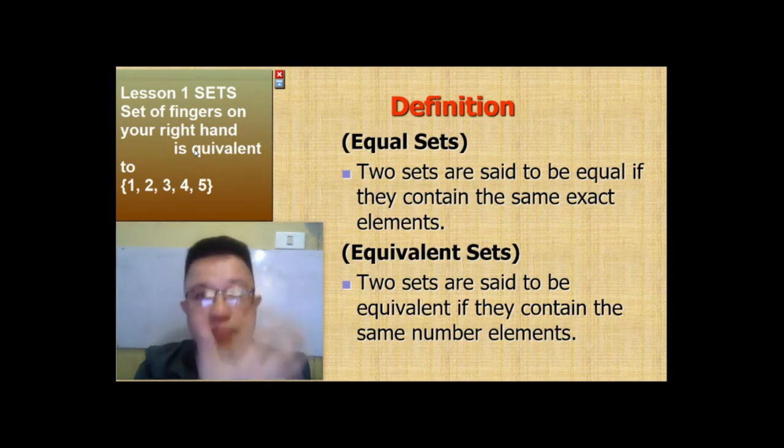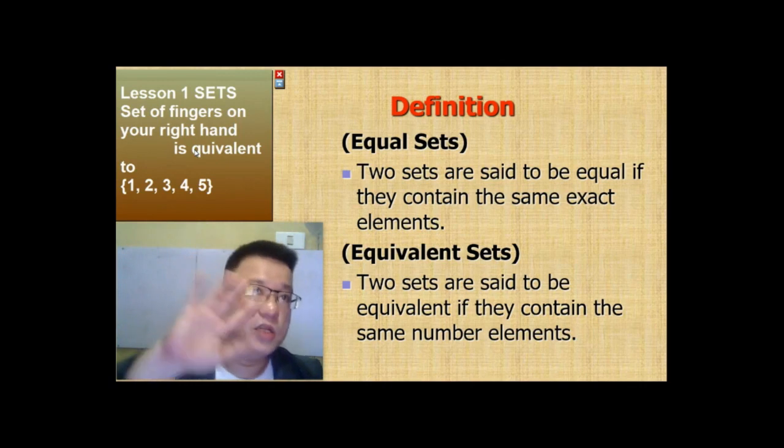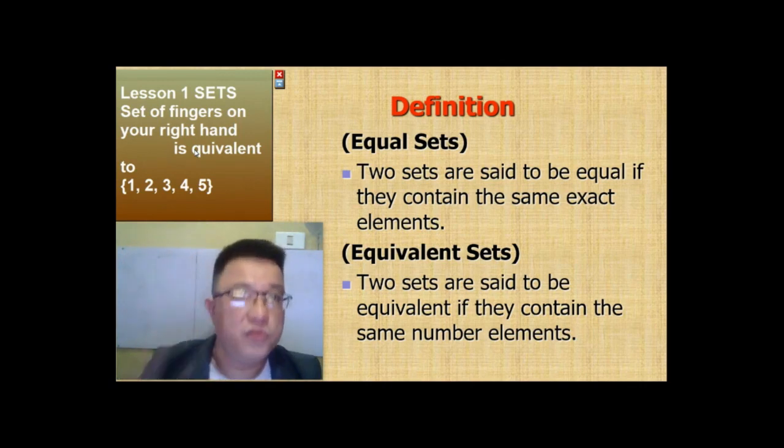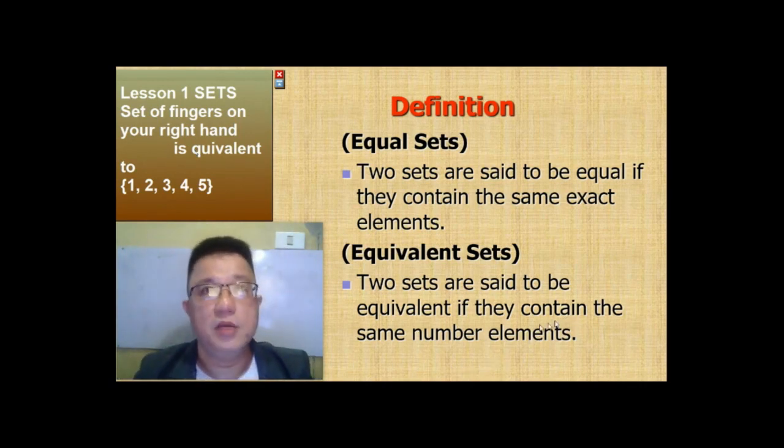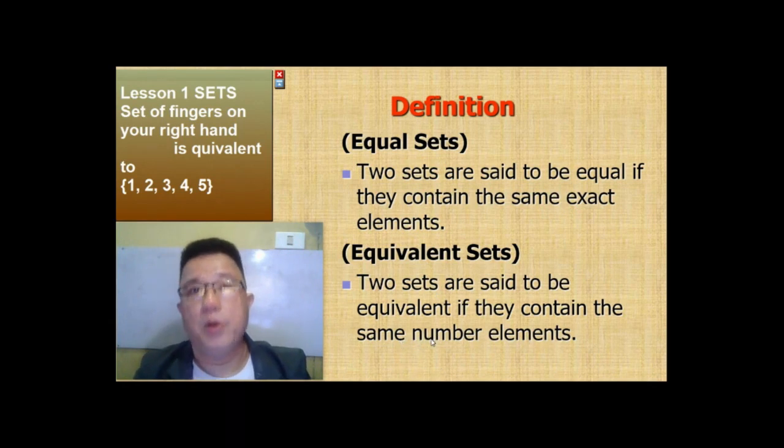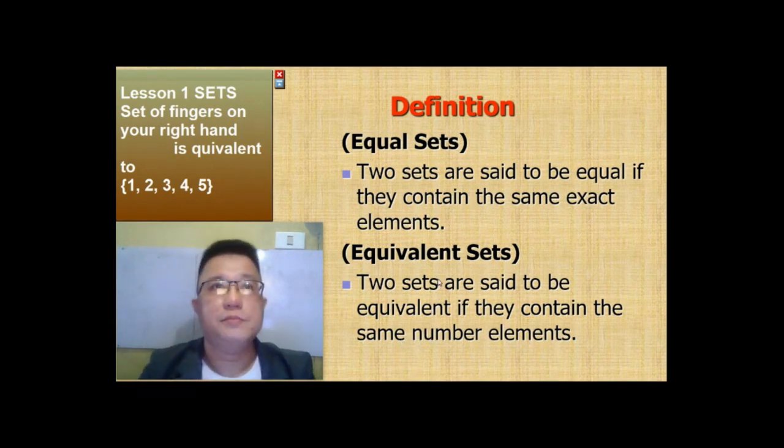They have the same number of elements. Therefore, they are equivalent sets. The counting numbers from 1 to 5 and the fingers in your right hand are equivalent sets because they contain the same number of elements. For equal, it has to be exactly the same elements. For equivalent, just the same number of elements.